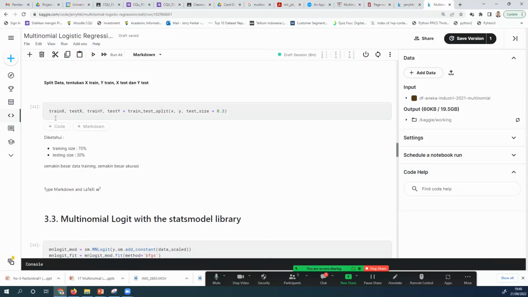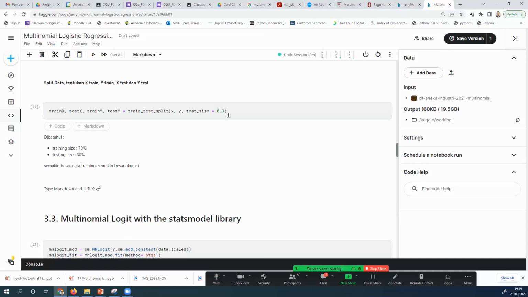And then we conduct modeling on the training data. So we split the data into train X and test X, train Y and test Y, equal to train_test_split of X and Y, test size 0.3.